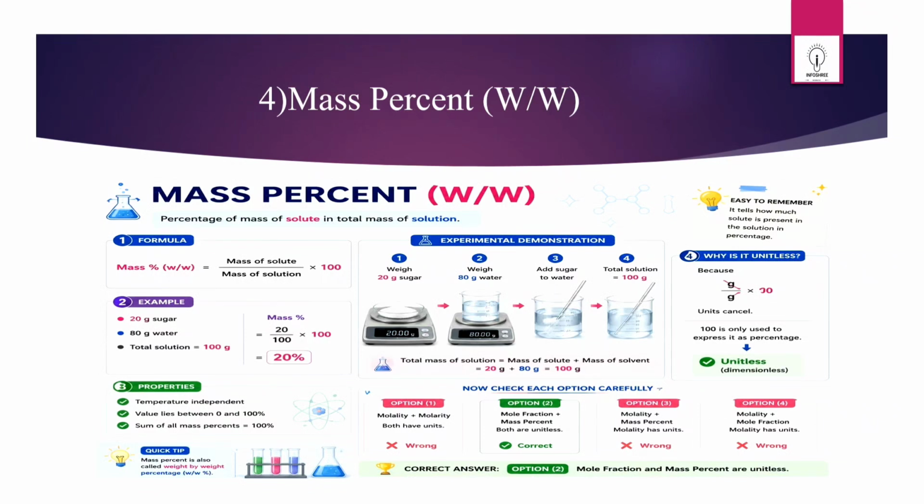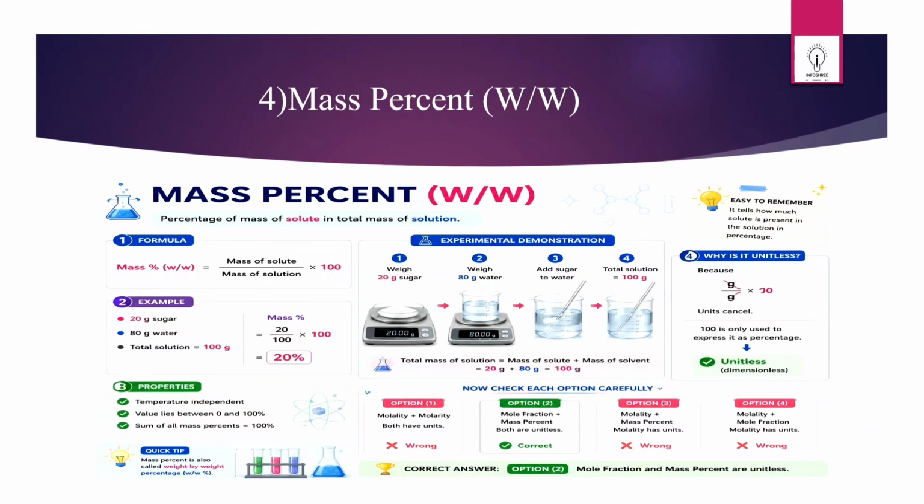Molality and molarity both have units. Molarity and molality, I said before, that is the confusing thing. Both have a unit. Molarity has mole per liter, and molality has mole per kg.